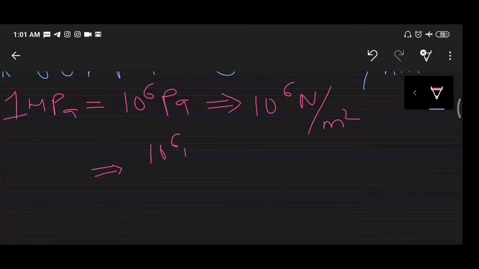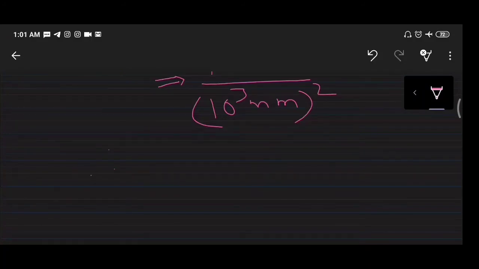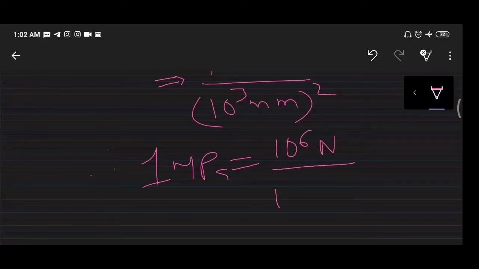I am converting this meter square into mm square, that is 10 to the power of 3 mm whole square. Therefore 1 megapascal equals 10 to the power of 6 Newton per 10 to the power of 6 mm square.